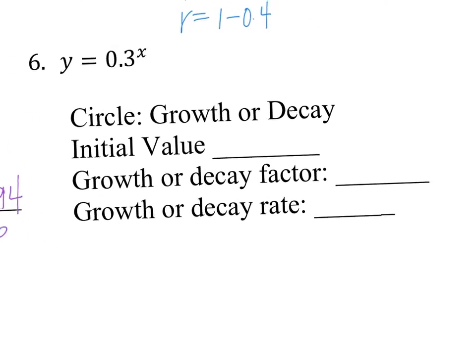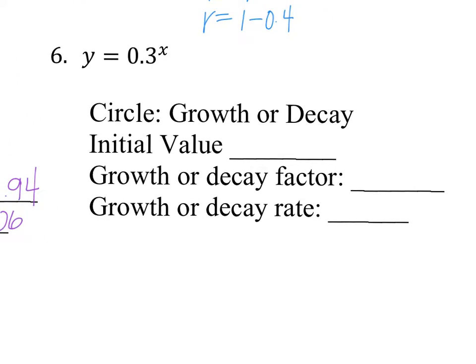Number 6 is a little bit tricky. What's different about number 6? Well, number 6 doesn't have the obvious number in the front. I still have parentheses there, but what number really is in the front if I don't see anything? It's going to be a secret 1. If I'm looking at growth or decay, I'm looking at B. B is 0.3, so it is between 1 and 0, so it's going to be decay.